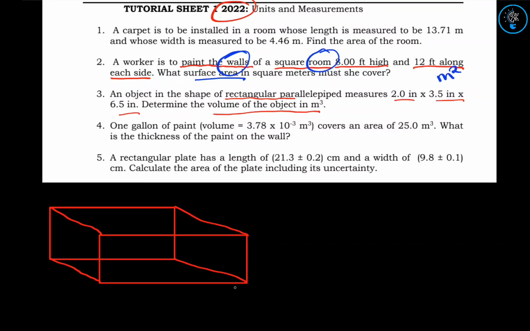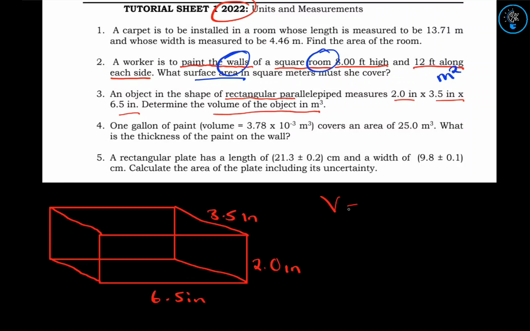We are told the dimensions are 2.0 inches, and we also have 3.5 inches, and the length is 6.5 inches. Then we are told to determine the volume of the object.